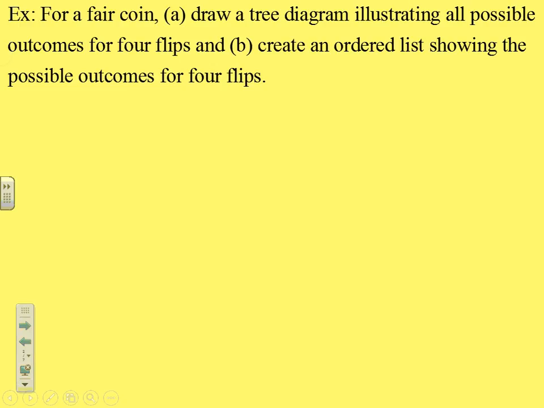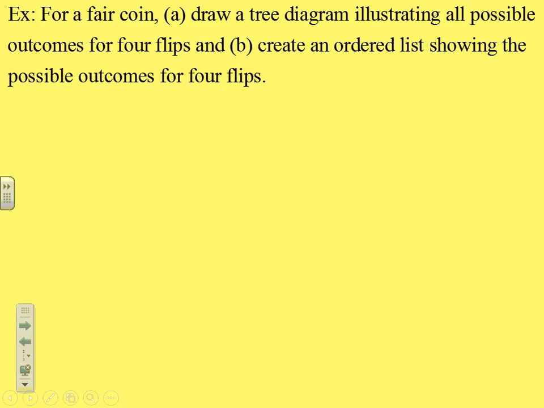It says, for a fair coin, draw a tree diagram illustrating all possible outcomes for 4 flips. After we're done with the tree diagram, we will create an ordered list showing all of the possible outcomes of those 4 flips. Now let me explain. In this example, you will very clearly see that the more times you do something and the more possibilities you have, the more intricate your tree is going to look.